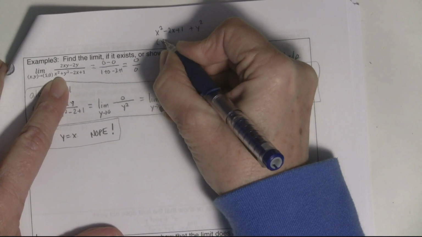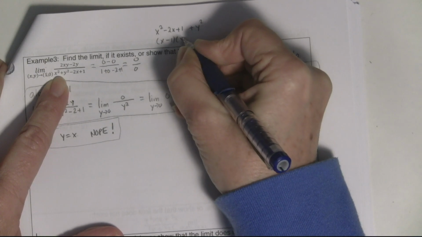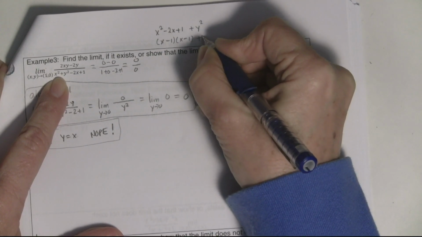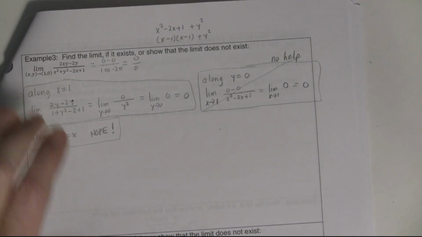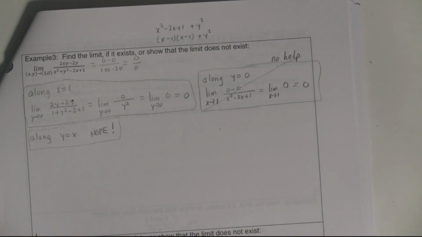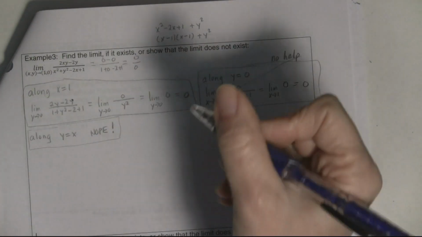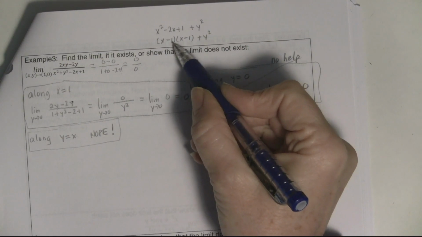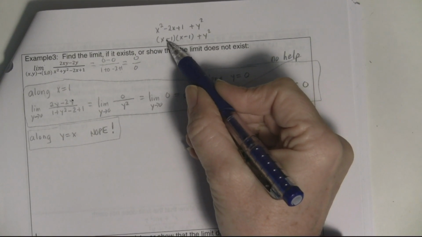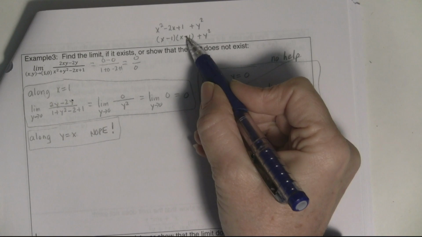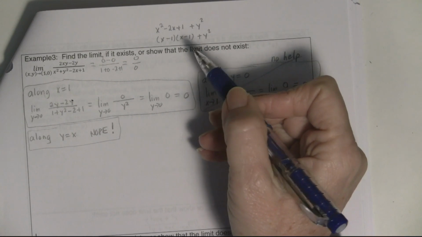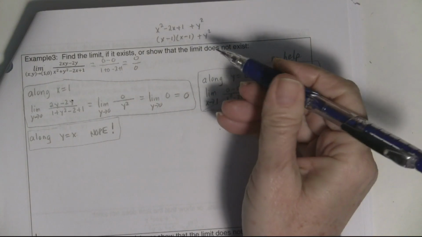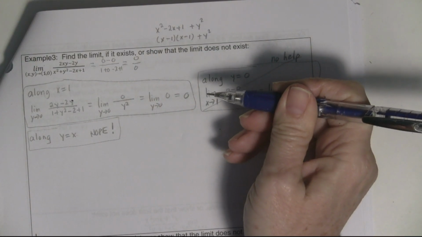This is x minus 1 times x minus 1 plus y squared. And so that's what started me along the thought of, well, what if I let that be y? That would be y times y, that'd be y squared. And why that might be helpful is because, well, it wouldn't be 0.